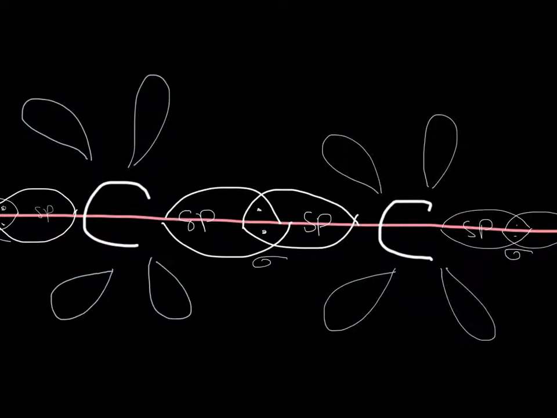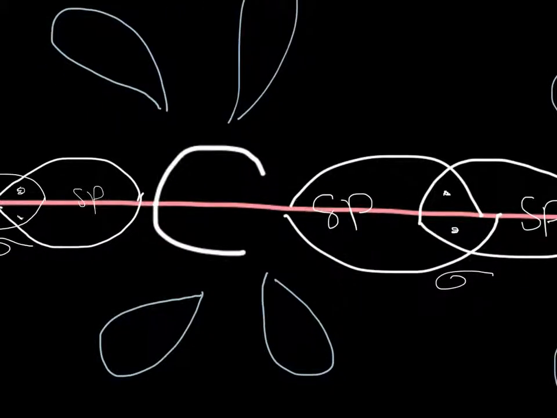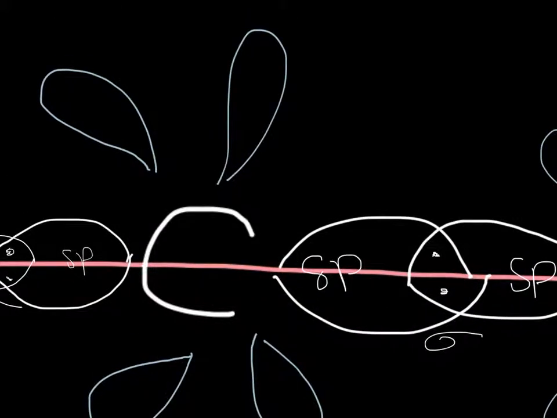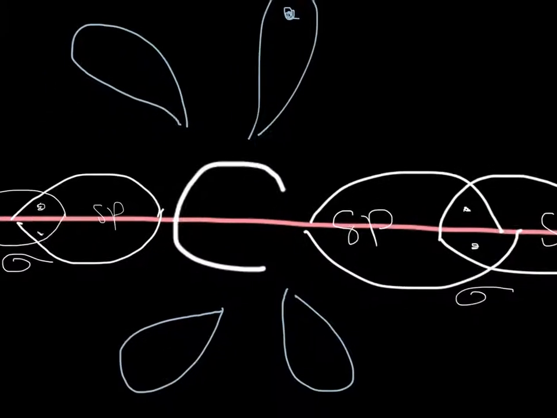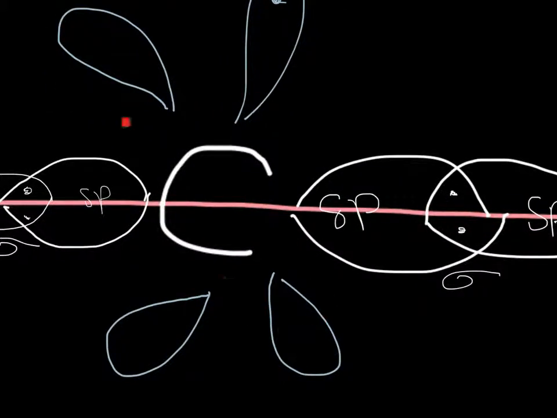And each one right there has an electron, meaning that this one right there is going to have an electron right up there, and this one right here, I'm going to go ahead and put its electron right there.